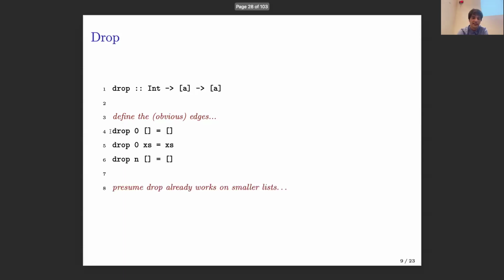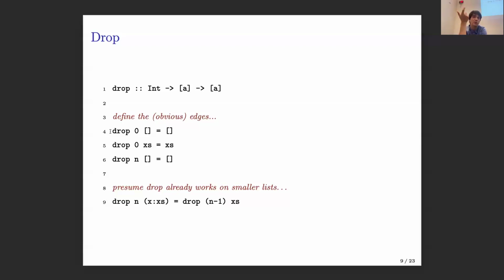What about the general case? So remember, we're going to presume that drop already works on smaller lists. So how do I drop n elements from x con x's? To drop n from x con x's is to drop n minus 1 from x's.